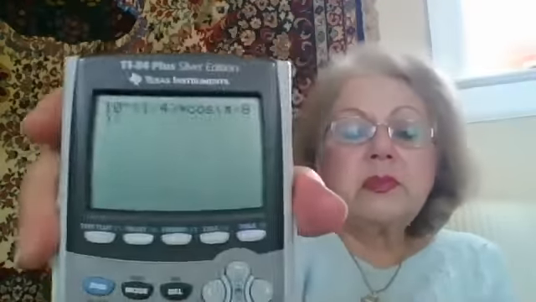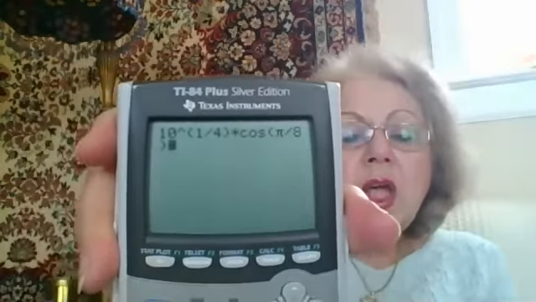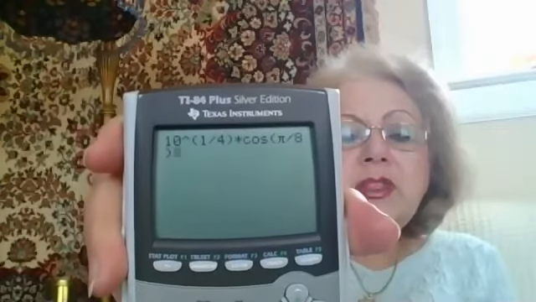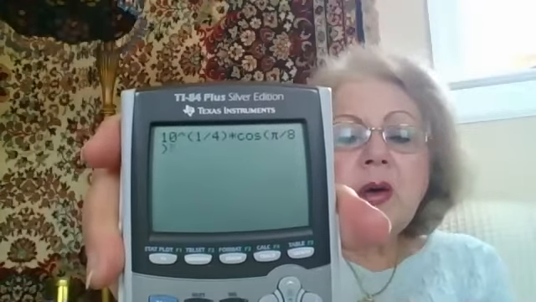Times cosine, and again I have power 8, second button, that corner button which releases pi, divided by 8. Ten to the 1/4 times cosine of pi over 8. And now push enter to find the value.